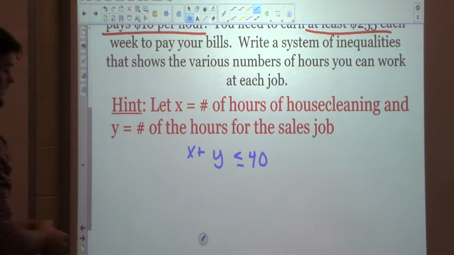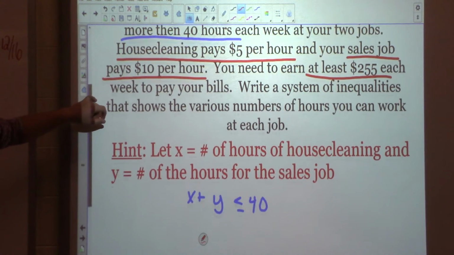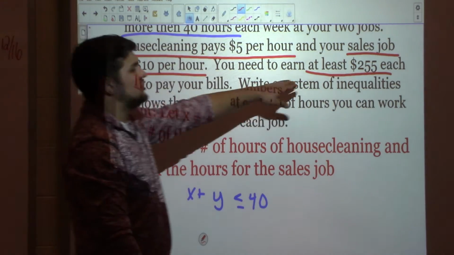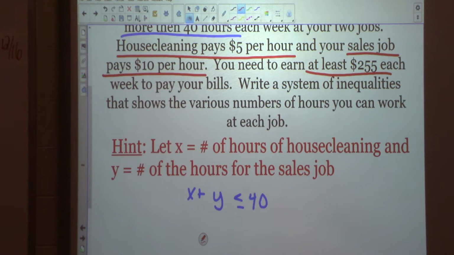Okay? Well, let's look at the second part, the one I underlined in red. House cleaning pays $5 per hour, sales job pays $10 per hour. I need to earn at least $255. Let's look at that last part. At least $255. Well, at least is going to be what kind of inequality?